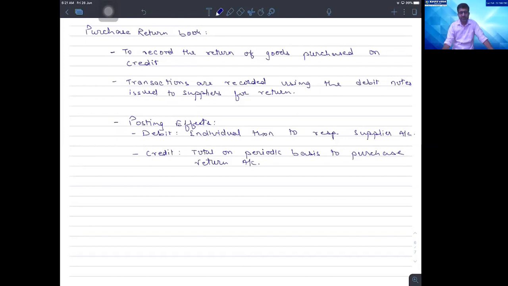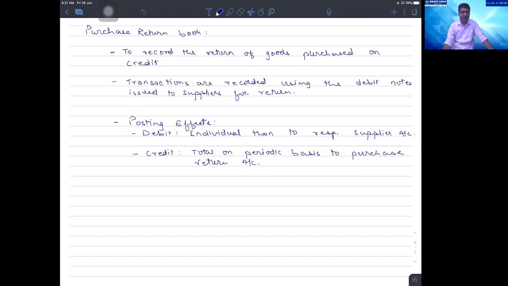Like in the purchase return book, we record the return of goods which were purchased on credit. In the sales return book, we record the return of the goods received from the customers which were originally sold on credit basis.